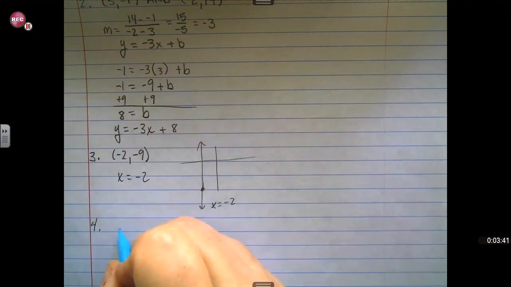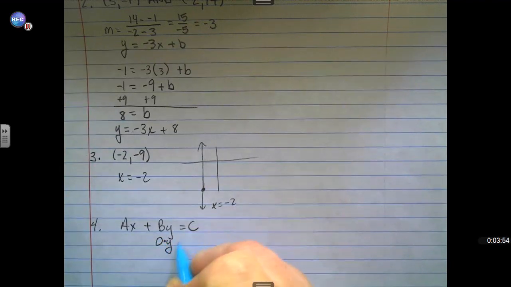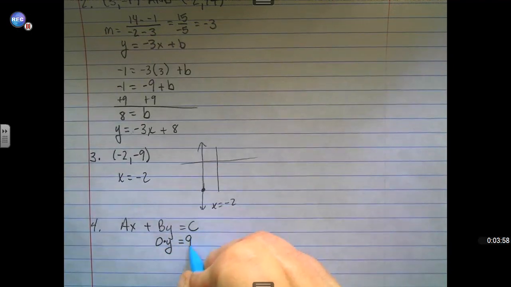Number 4, for which values of a, b, and c would ax plus by equals c be a vertical line through (9, 3)? If we're talking about a vertical line, then that means that b is 0. And it's the vertical line through (9, 3).